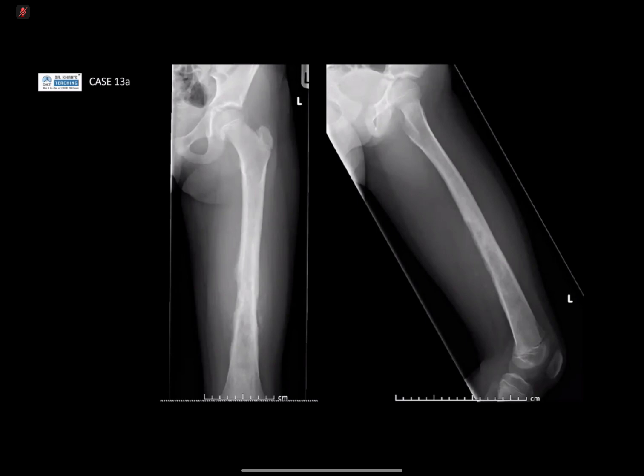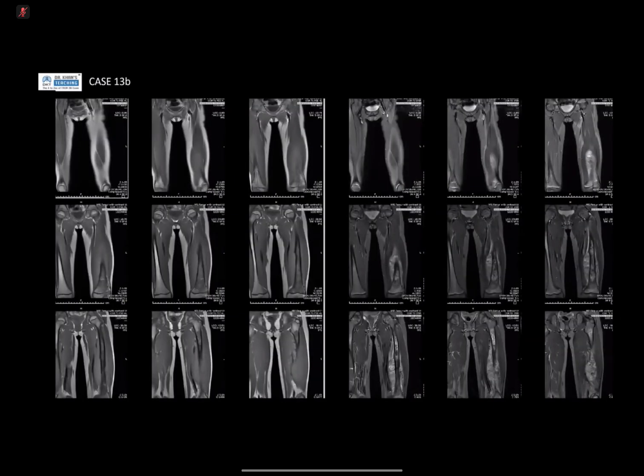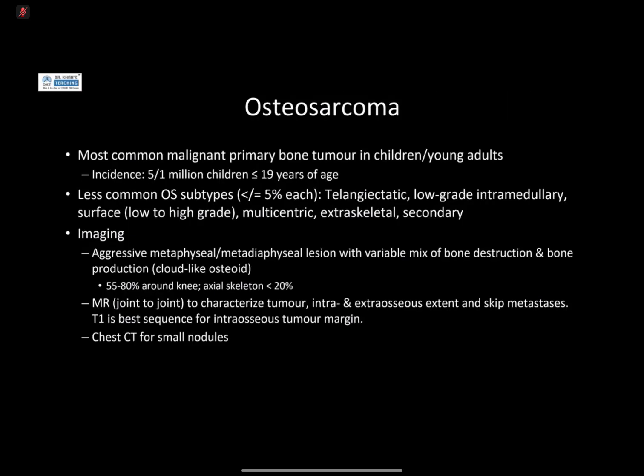You can't really see the margins of this lesion at all. This would be very unusual for infection, particularly the location being within the diaphysis. So we have a good example here of an osteosarcoma.